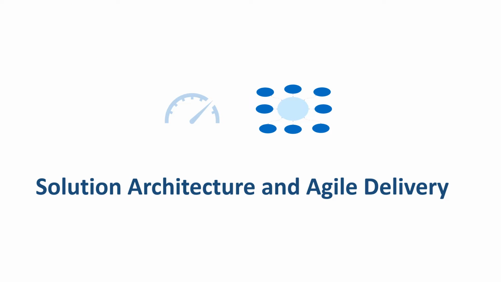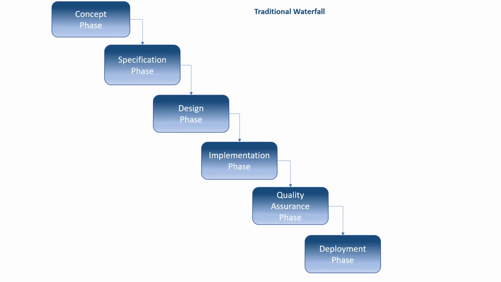So now we get into delivery aspects and solution architecture and specifically Agile delivery. Before we go into Agile, we've got the concept of waterfall. This has been a traditional top-down phased approach to constructing architecture and design and delivering it through.